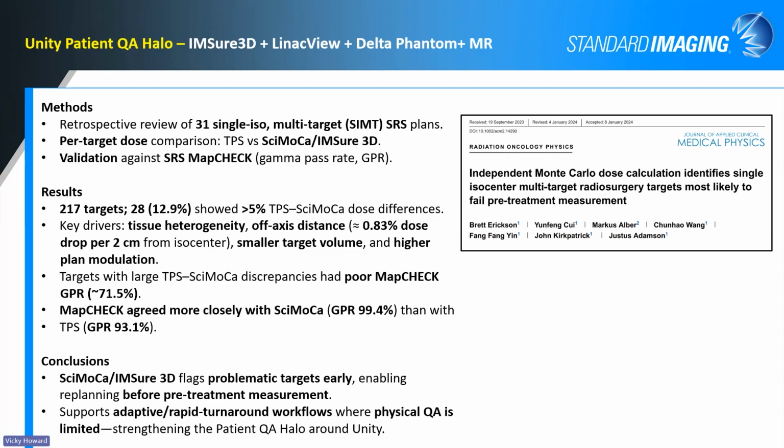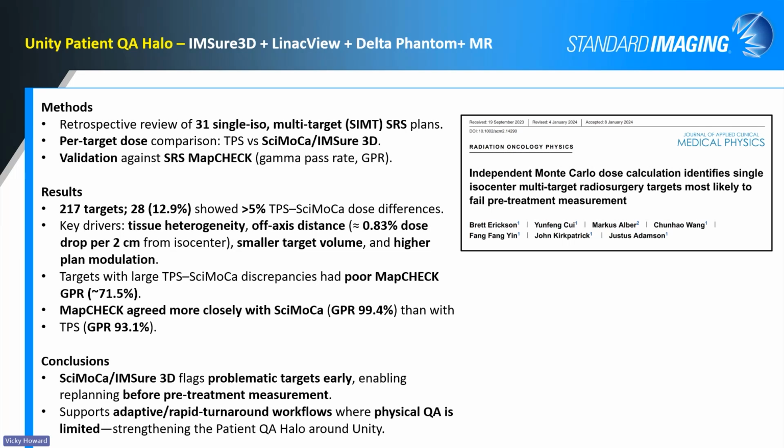What's important here is that since you can't do pre-treatment device QA, you want a solution that could be equally as predictive of where your issues are as a plan check. So this shows that IMSure 3D with SIMOCA can be used for those cases where you can't do device-based pre-treatment QA, and it will give you valuable information.